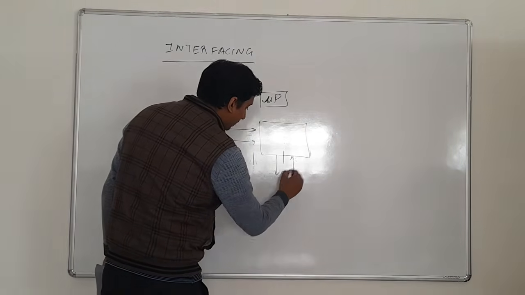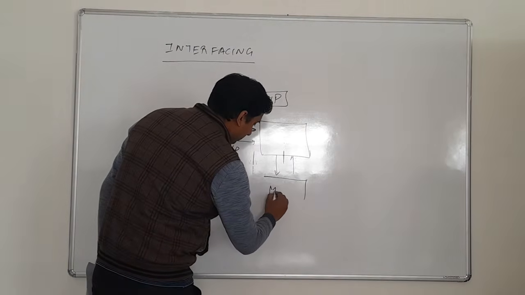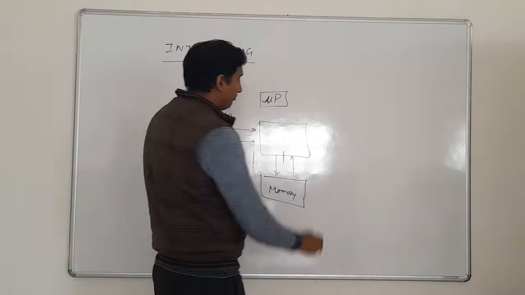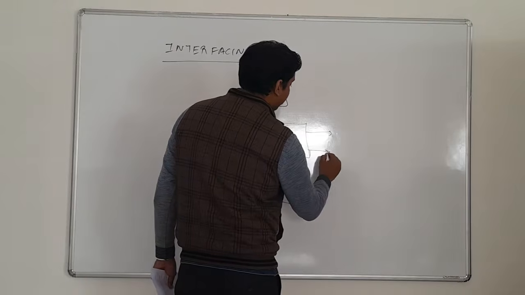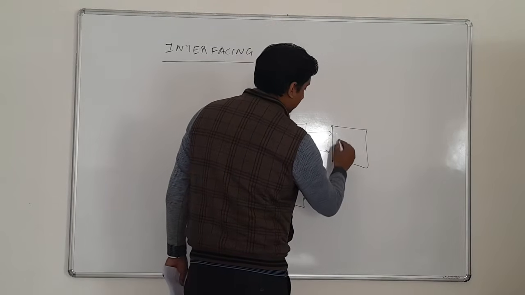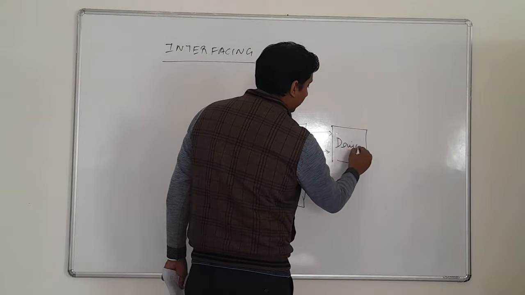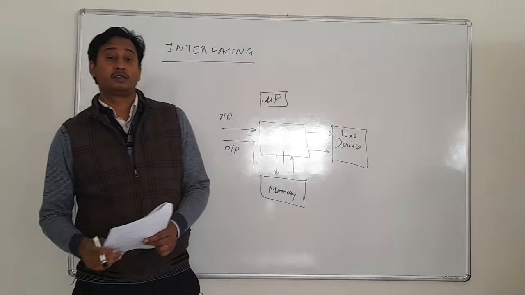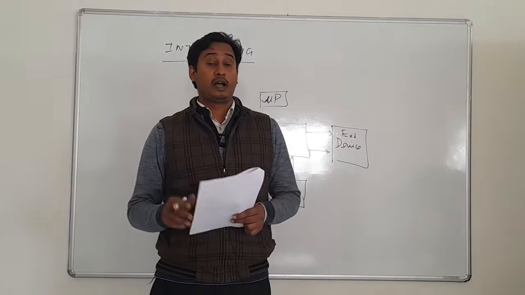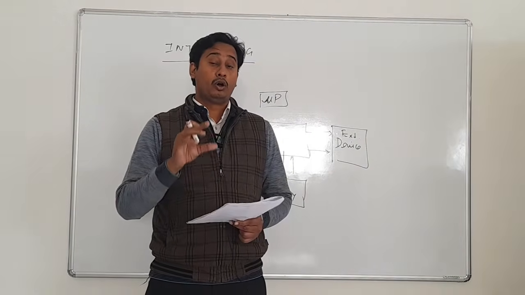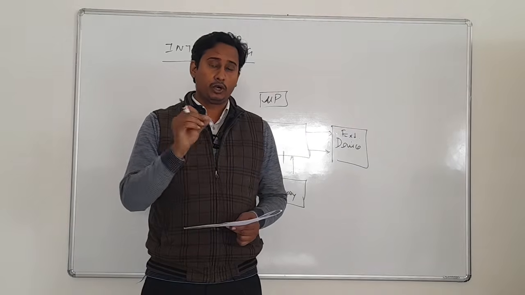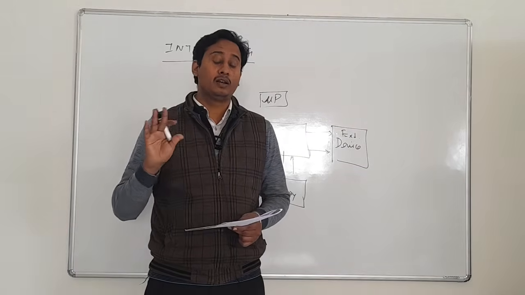But what if you want to connect some external devices? Suppose I'm connecting a microphone or an audio jack with the microprocessor. For the microprocessor, the audio jack or the microphone is the external device.